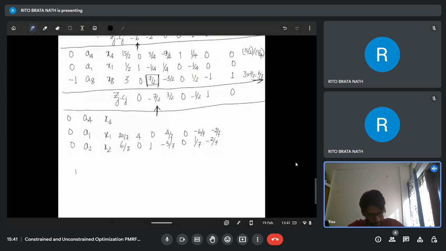So that will be 15 by 2 times 4 by 5 minus 6 by 7. So that will be 50 by 7.